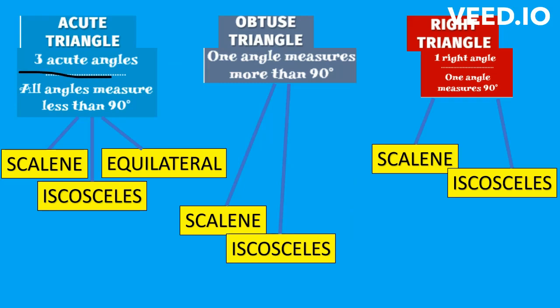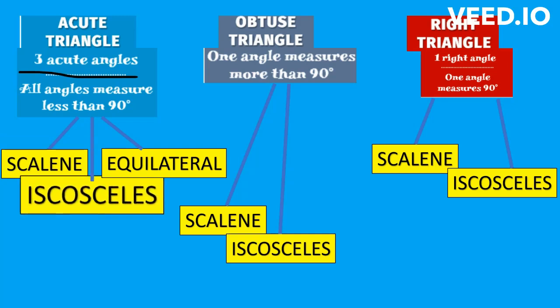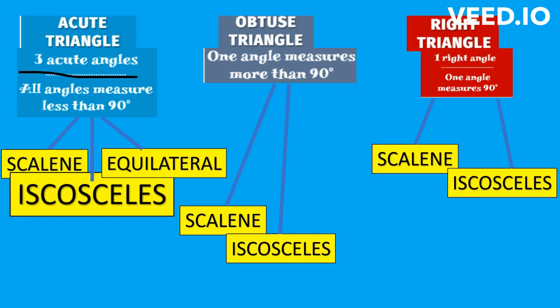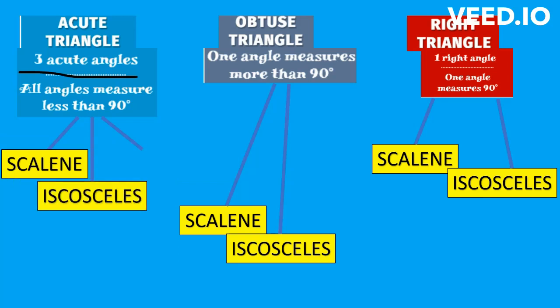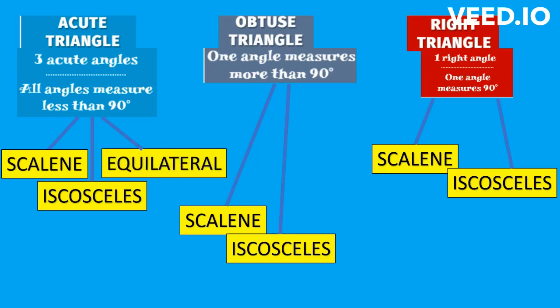Okay, we discussed acute triangles with three acute angles. It can be scalene, isosceles, or equilateral. And we discussed obtuse triangles, which means one angle is greater than 90 degrees.